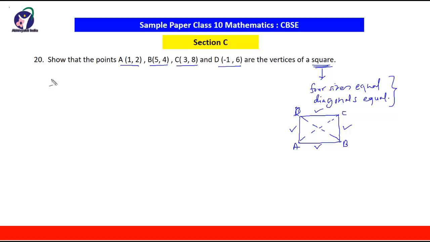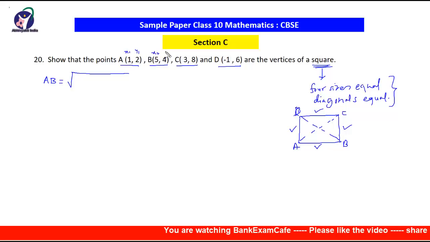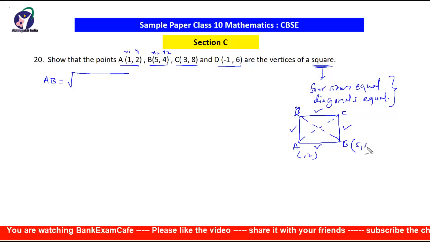So first we will find AB. AB is equal to the square root of (x2 minus x1) whole square plus (y2 minus y1) whole square. If this is x1, y1 and this is x2, y2, then I take A as (1, 2), and B coordinates are (5, 4).